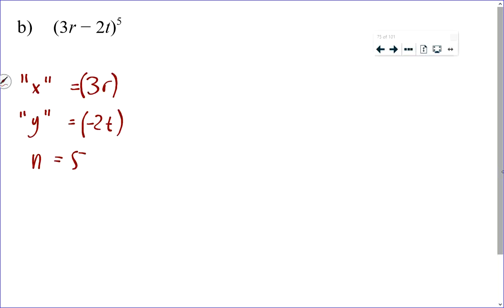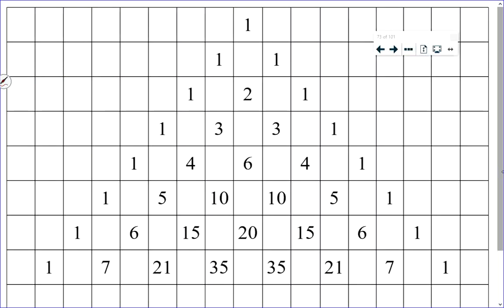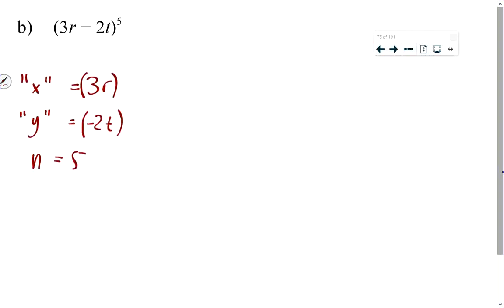So it's the same set of numbers. It's still 1, 5, 10, 10, 5, 1.